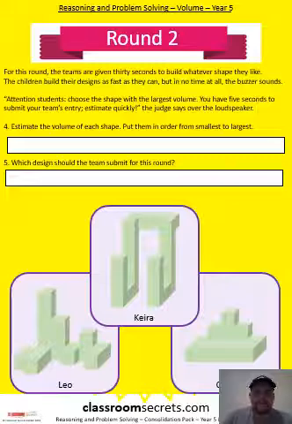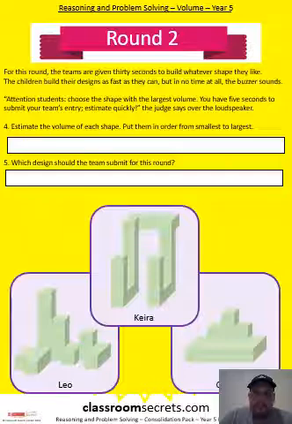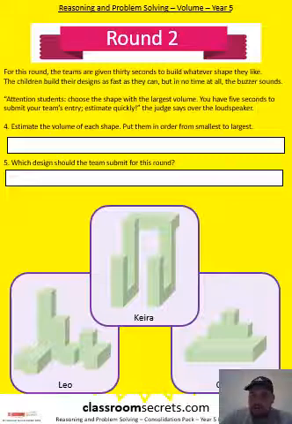Round 2. Again, I'm not going to read it, so I'm just going to read the questions and give you some pointers. Question 4: estimate the volume of each shape and put them in order from smallest to largest. A little bit harder, but you need to read what it says in the text first.